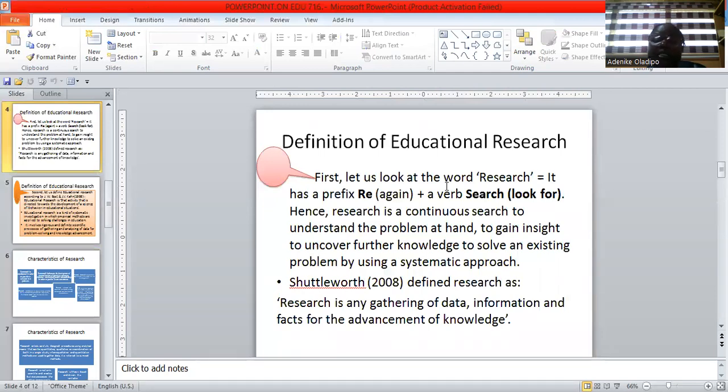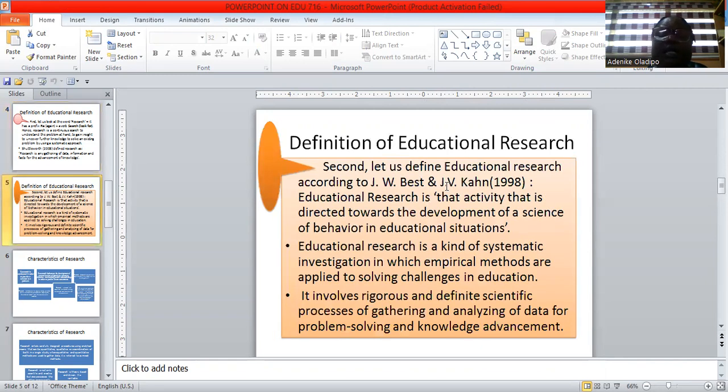Shuttleworth defined research as gathering of data, information, and facts for the advancement of knowledge. That is by way of research. Now let us look at educational research. When we say educational research, what do we mean?